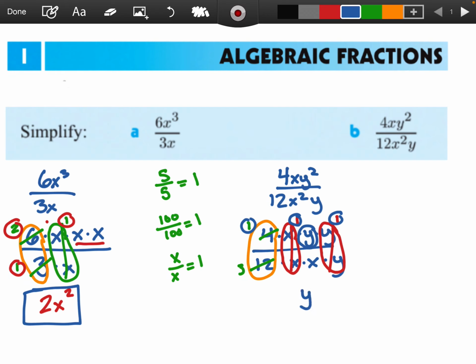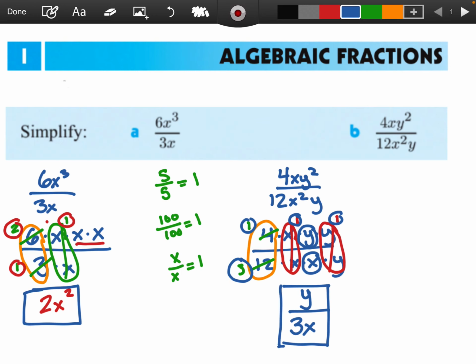So the only thing I have is 1y, remembering I don't need to write the coefficient of 1, it's not necessary. So the only thing that's left over on the top is y. On the bottom, I have 3 times x is the only thing that's left, so the bottom of my fraction is 3x, and that's as simple as I can make that algebraic fraction.